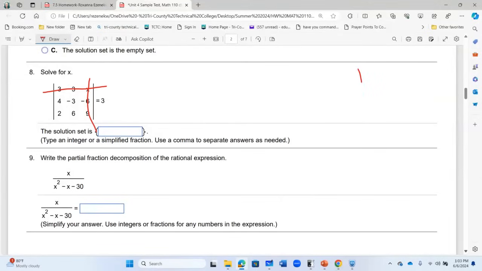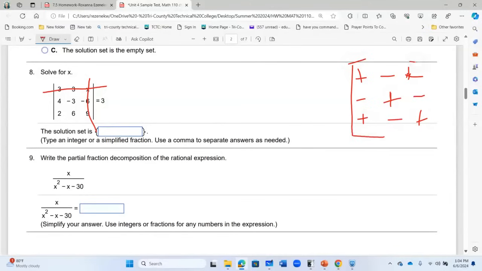Okay, and then you have signs: plus, minus, plus; minus, plus, minus; plus, minus, plus.